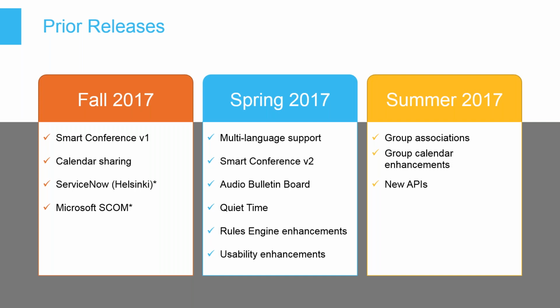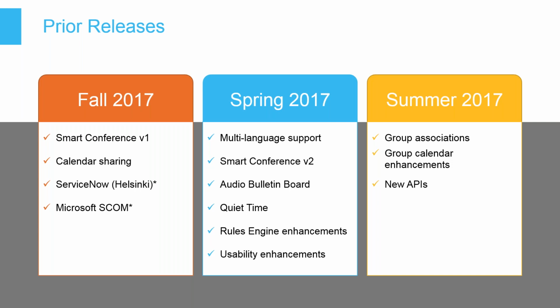We also made it easy to access on-call calendars by providing several publishing options by group, by month, by day, and so on. In the spring, we also released the quiet time feature, which allows end users to define time windows where they don't want to receive any targeted notification. That's a very popular feature.